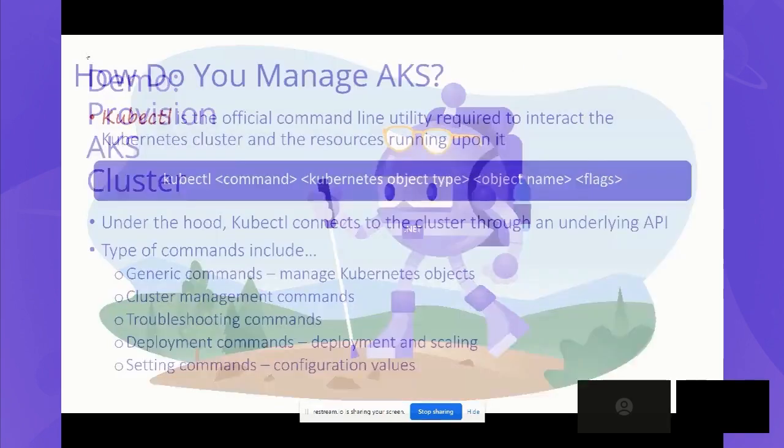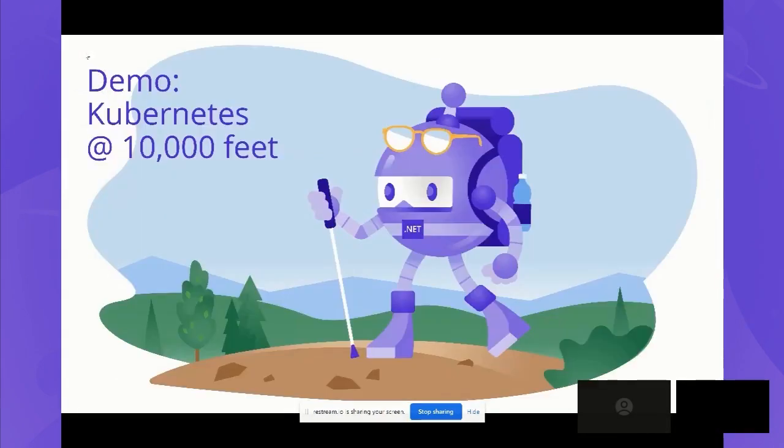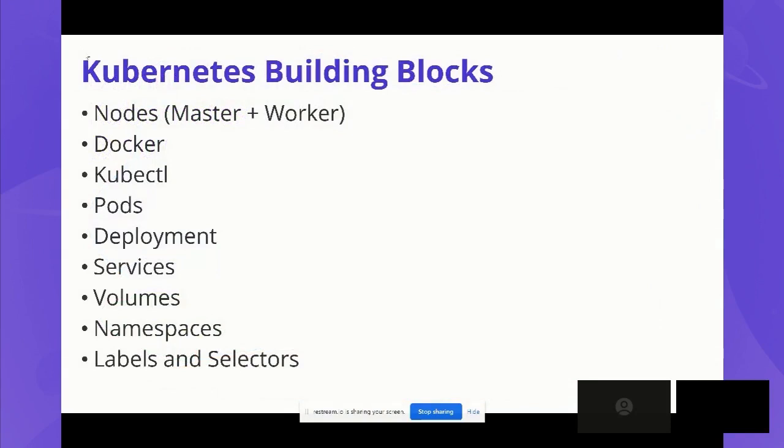So let's go through this. I'll talk about demos in a second. Now let's talk a little about Kubernetes building blocks, which are some of the core building blocks of the platform. I generally follow the 80-20 rule: 80% of the platform you learn by learning these core building blocks.